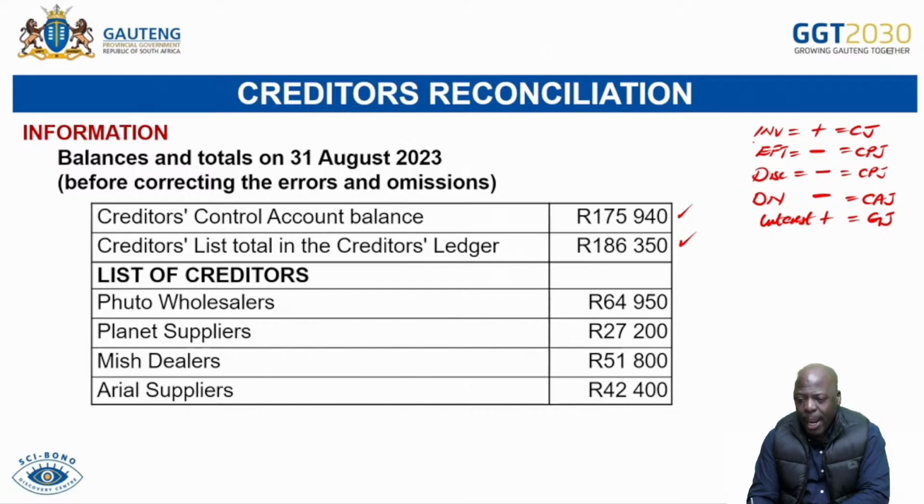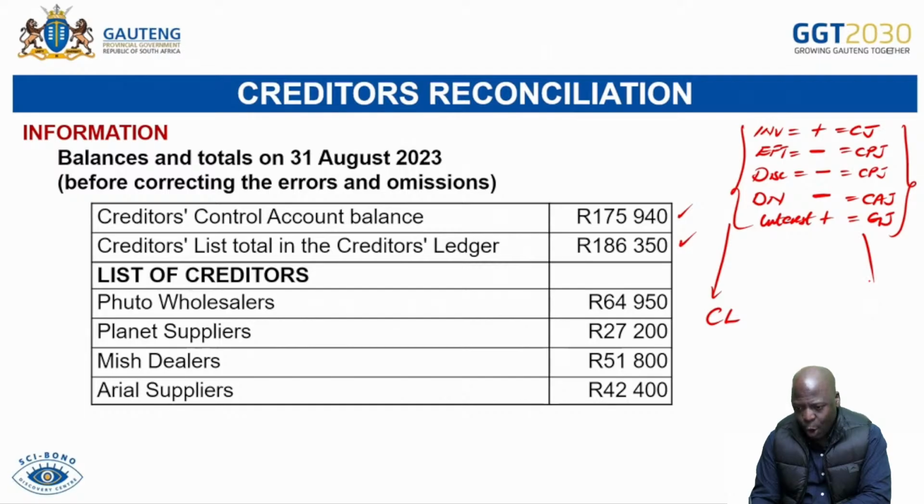Now, we're going to take these ones and we post them individually to the creditors list. And we take the totals from these ones and we post them also to the creditors control. So here we're dealing with individual accounts. These are individual accounts.